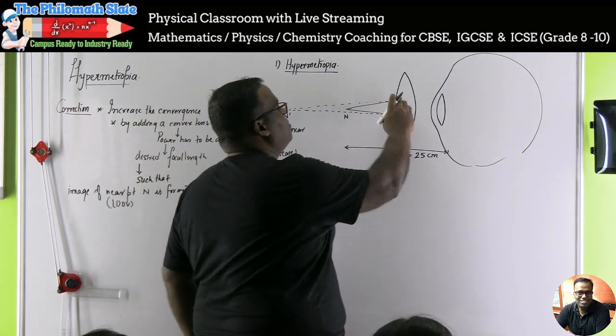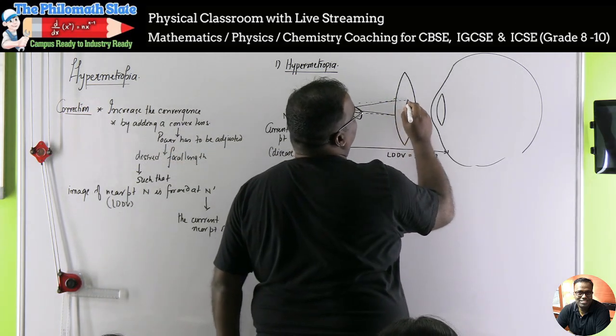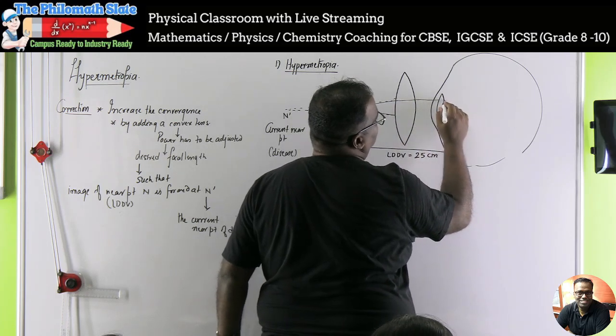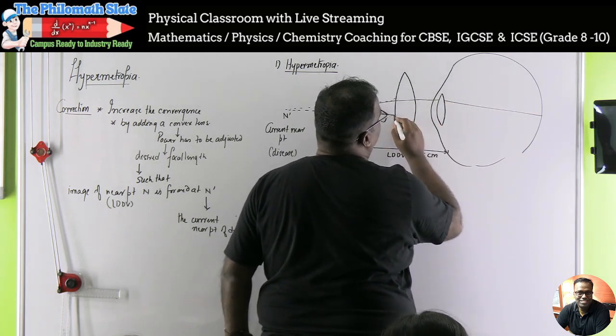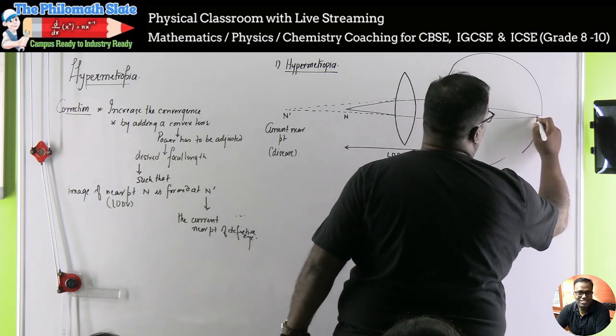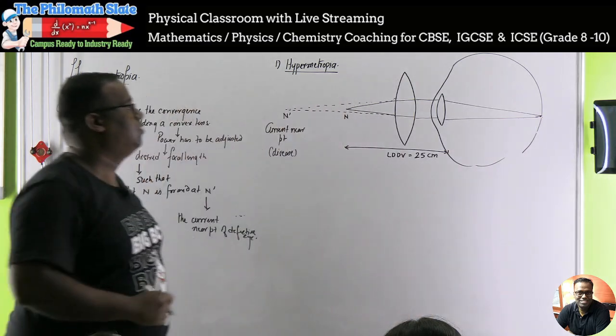Now after this what happens, if the rays are coming from here, then the image is formed exactly out here. That is the case. Now we are able to see.